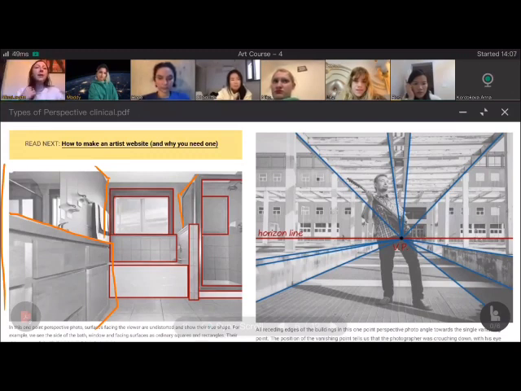So in perspective, when you need to draw something, a room or a street with buildings, you need to think about perspective as there are lines that are away from you, they're going to be distorted. That's why they're vanishing into the vanishing point, which on this picture is right here.